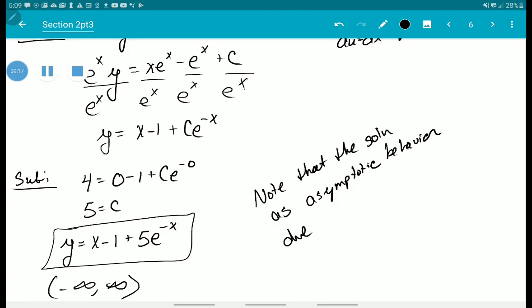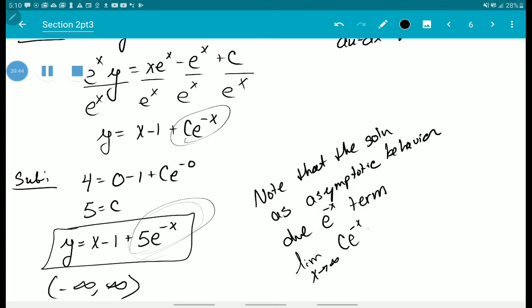And we're going to see asymptotic behavior really due to that e to the negative x term. If we were to take the limit as x goes to infinity of that term, whether we look at the general solution or the particular solution, I'm just going to use general, then we're looking at the limit as x goes to infinity of c over e to the x.